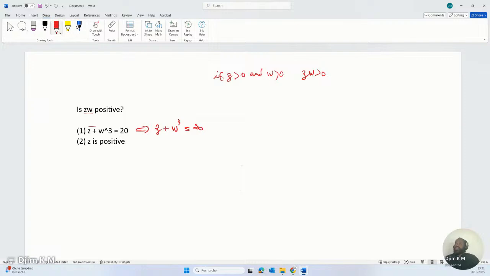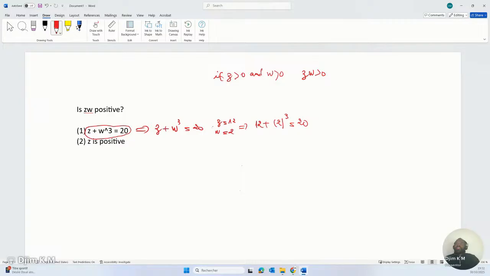And here, how can we use this equation to find out the signs of Z and W? For example, in order for this to be equal to 20, we can say that Z can be equal to 12 and W equal to 2. This says that we have 12 plus 2 to the power 3, which is equal to 20.